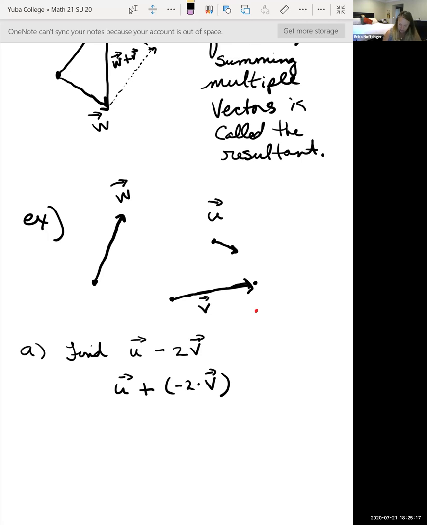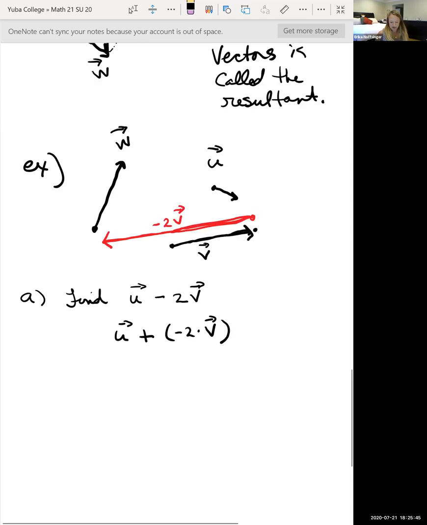Maybe you can do it above it. So opposite direction, but that length is twice that. So this is negative 2 times V.